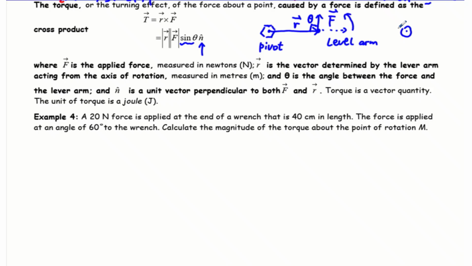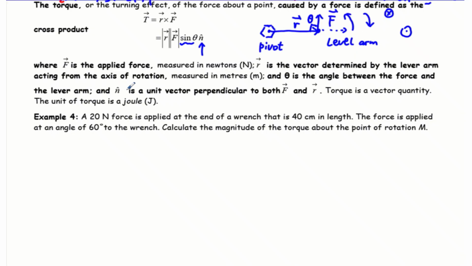And if it's from F to R, wrapping your hand from F to R, then the thumb will point inside. If inside, we use a cross to represent the direction of the cross product. But this one is R first.